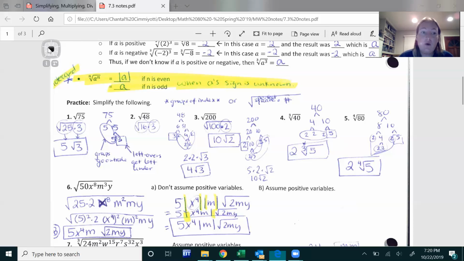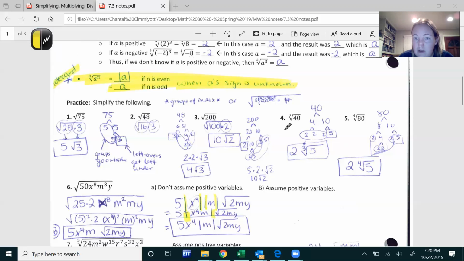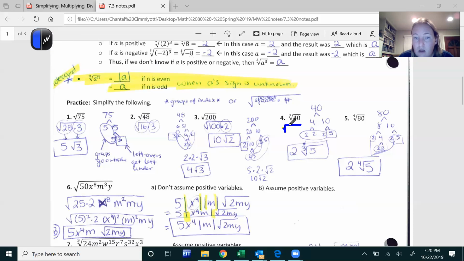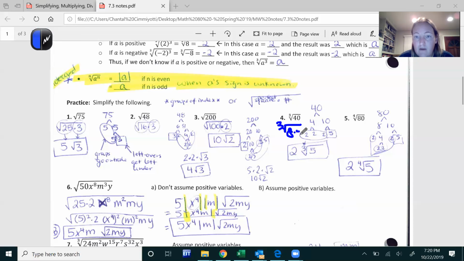So you could add in here this idea of it being the cube root of 8 times 5.